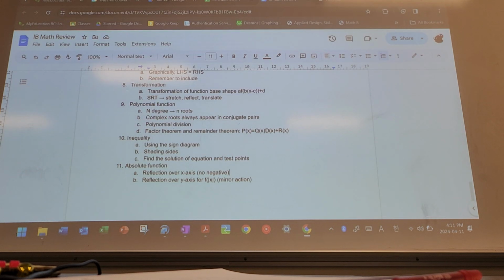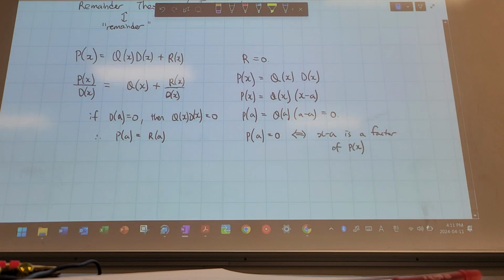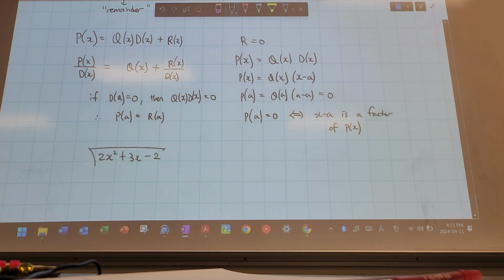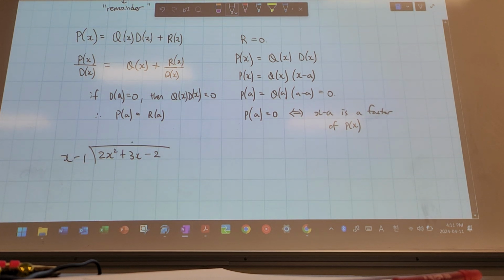Anyways, nth degree polynomials have n roots, complex roots are always conjugate pairs, polynomial division, and then factor theorem, remainder theorem. Polynomial division, just to recap quickly, let's say we have 2x squared plus 3x minus 2, and then we can divide it by, let's say, x minus 1. Then we just do a kind of long division, but with the x.